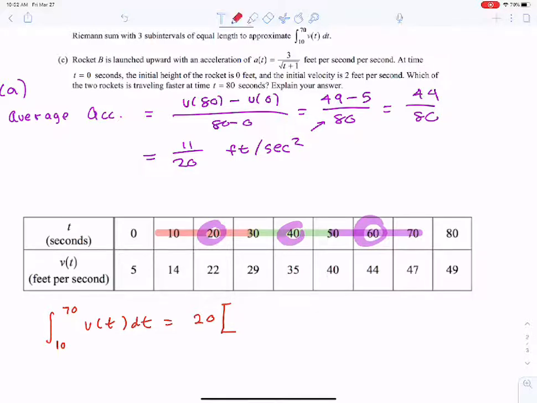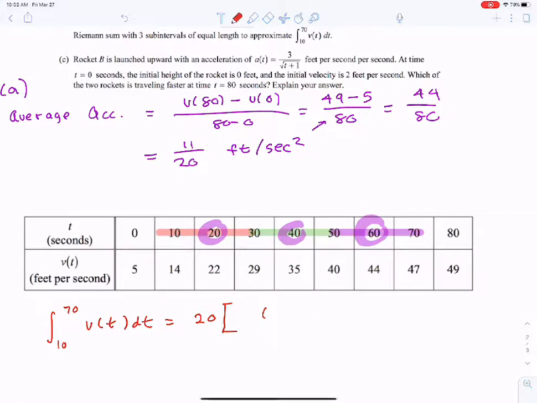So I'm going to be taking v of 20 plus v of 40 plus v of 60. Again, these are representing the midpoint of each rectangle, and that's how they're asking us to determine the height.